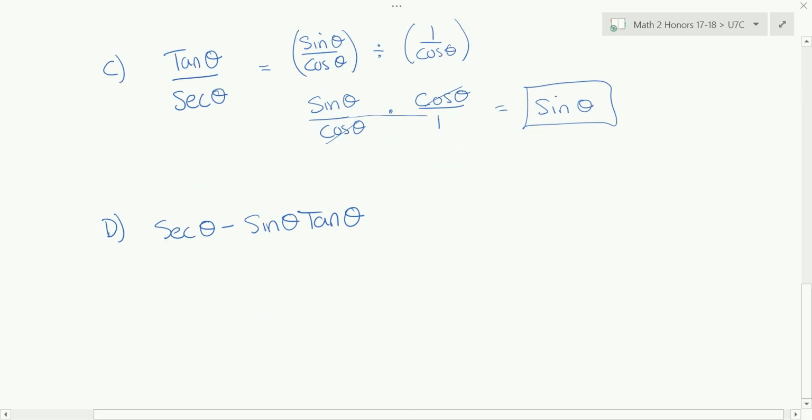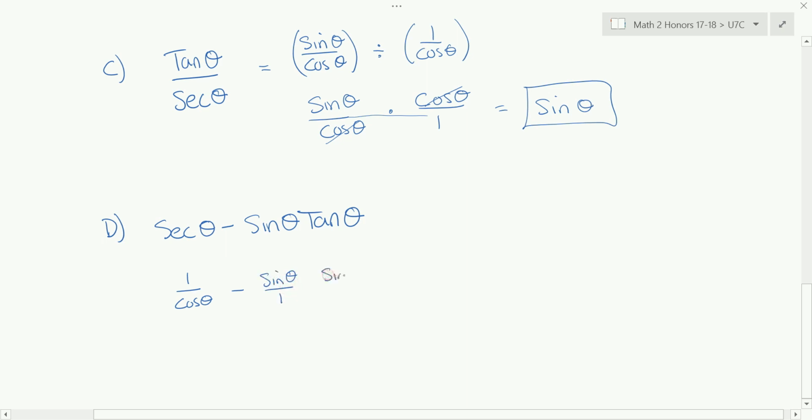So if you can get into one fraction, it's better than having 2. And so part of this is learning, when do I stop? How do I know when it's simplified down? First step, move everything in terms of sine and cosine. So secant is 1 over cosine. Sine over 1.